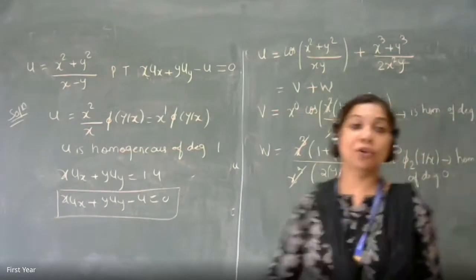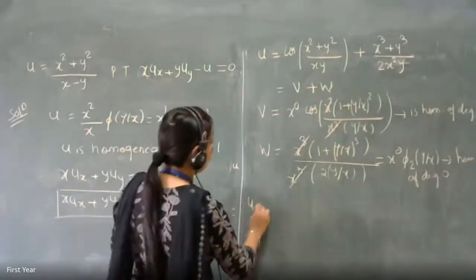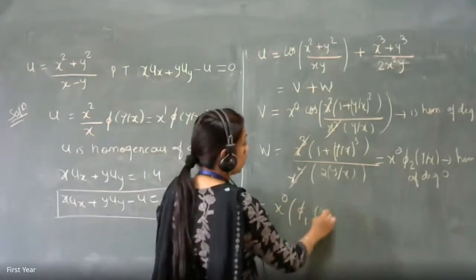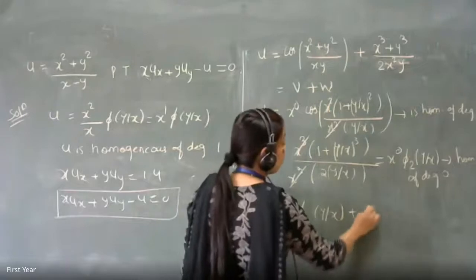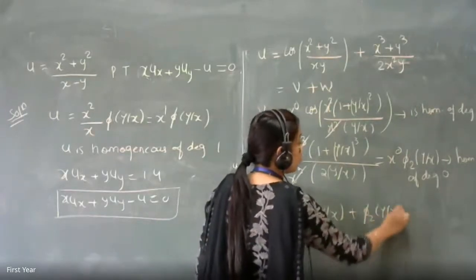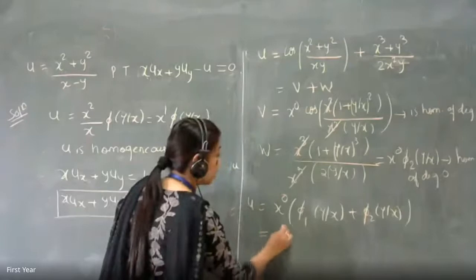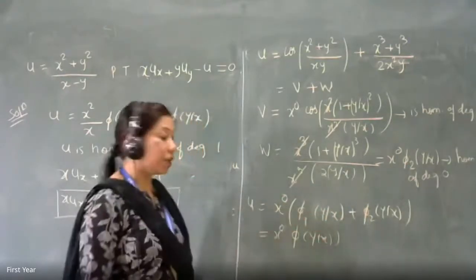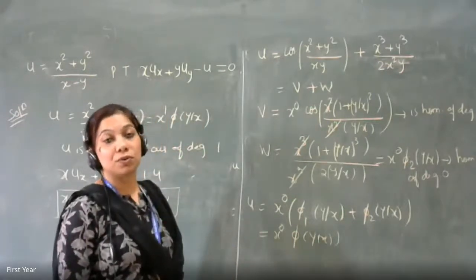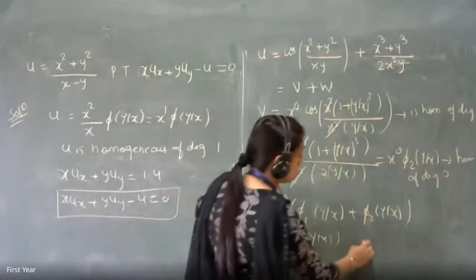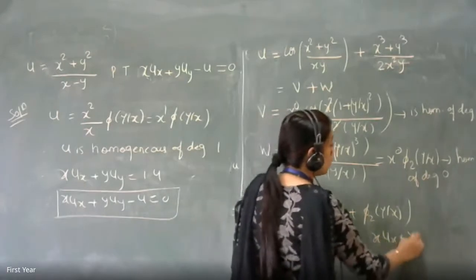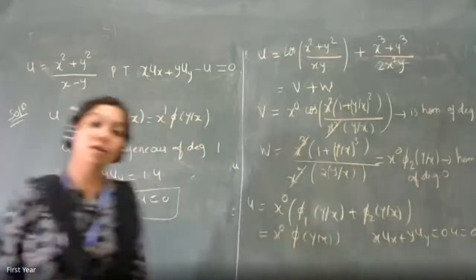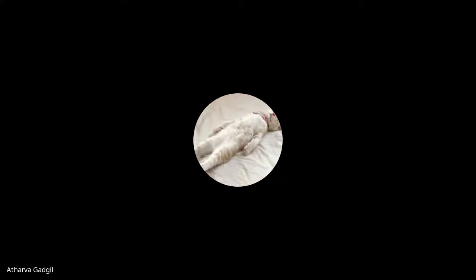If you take u directly as a function, then u can be written as x raised to 0 into phi 1 of y by x plus phi 2 of y by x, because both are of the same degree. So x raised to 0 into a new function of y by x. Sum of two functions is again a function, and that's why u is again homogeneous of degree 0. Therefore, the value of the expression x ux plus y uy will be 0 into u, and that is 0. Clear?